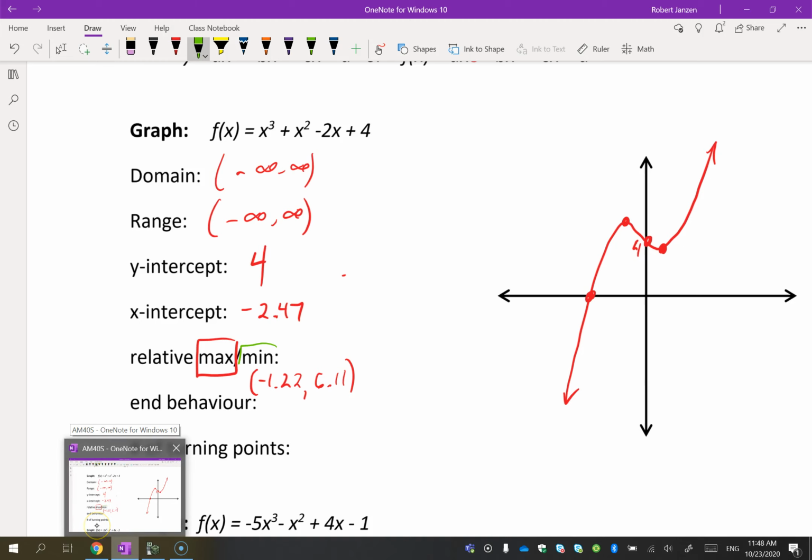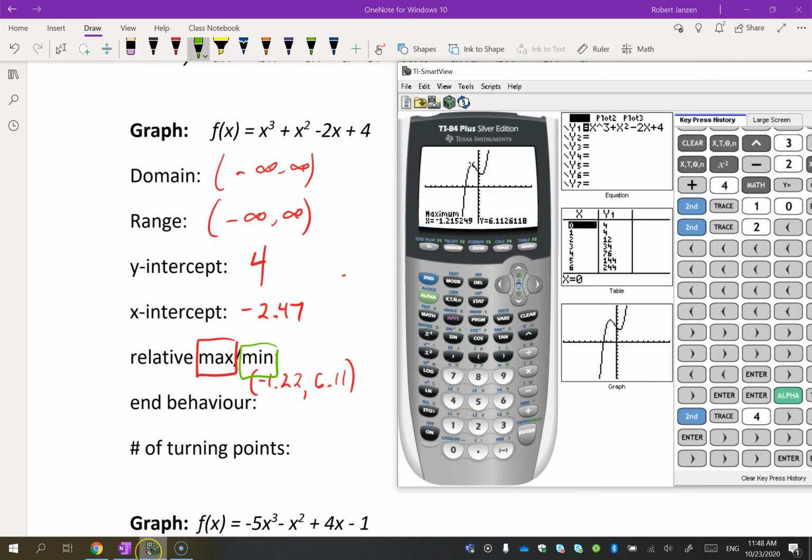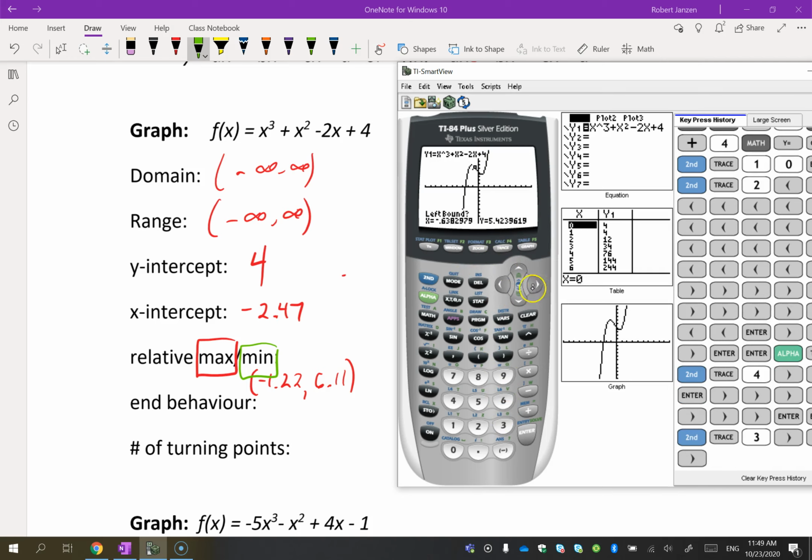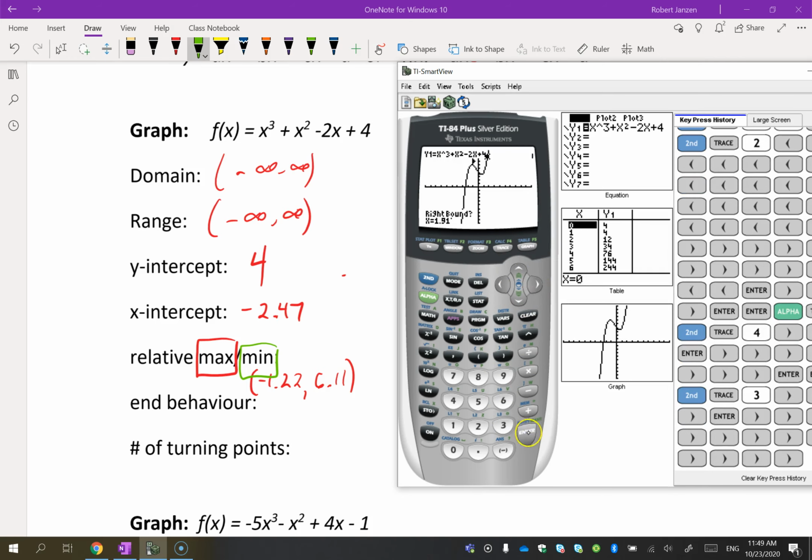All right, and then I want to figure out what the minimum is. So second trace, minimum is 3. Okay, and I want to be to the left, and now I want to be to the right.